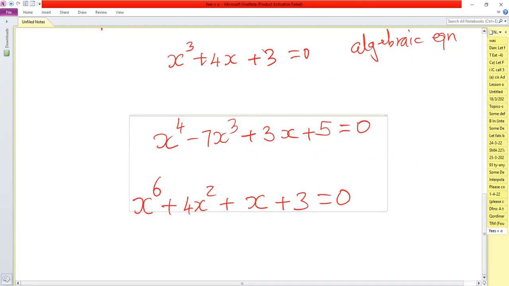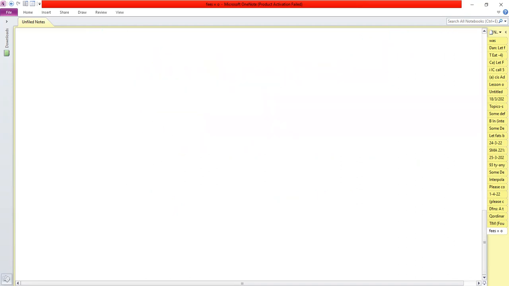Now, transcendental equations are equations which have either trigonometric terms, logarithmic terms, exponential terms, or the inverse of the trigonometric functions.